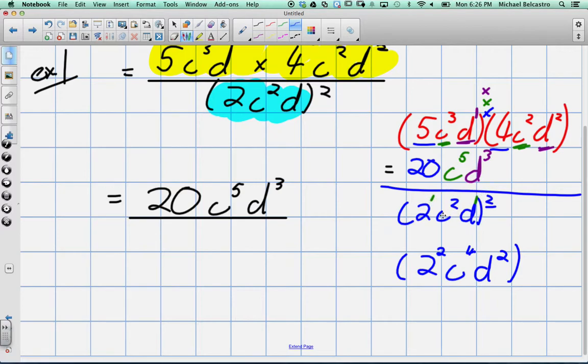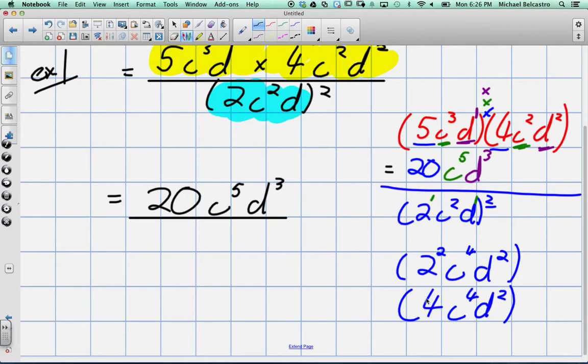If that's confusing, just rewrite it twice and do it the way we did the red one on top. Technically, I can simplify a little bit farther. What is this 2 to the power of 2 equal to? That means 2 times 2. 4. So it's 4c to the 4 d squared. And again, we've just simplified the bottom part of this.